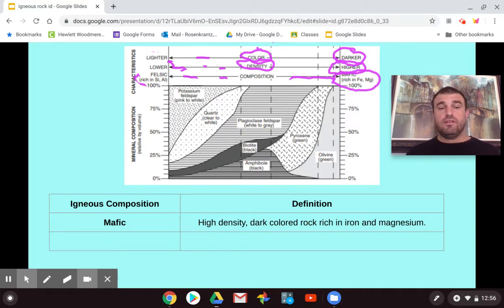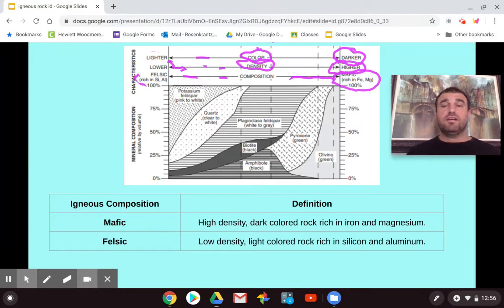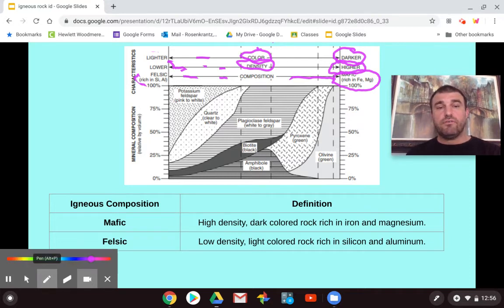All right. Now, if you find a light colored igneous rock, we refer to that as felsic. So the definition of a felsic rock is a low density, light colored rock rich in silicon and aluminum. And felsic is also a made up word. They took feldspar, because feldspar is a very common mineral.